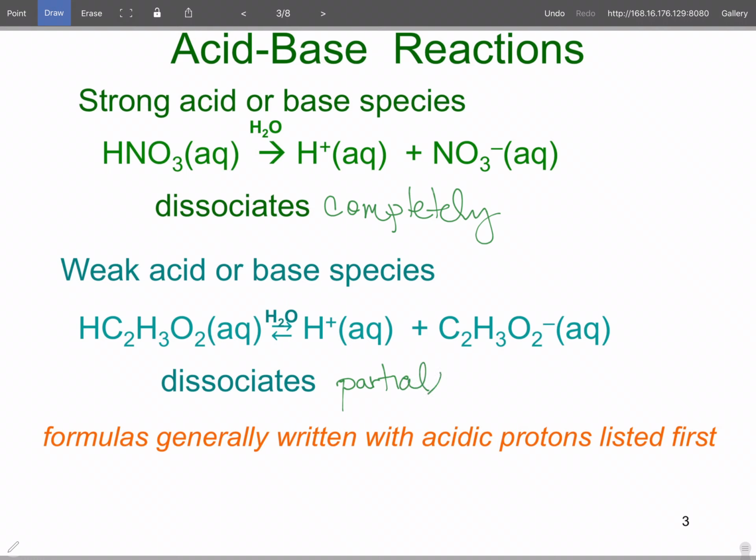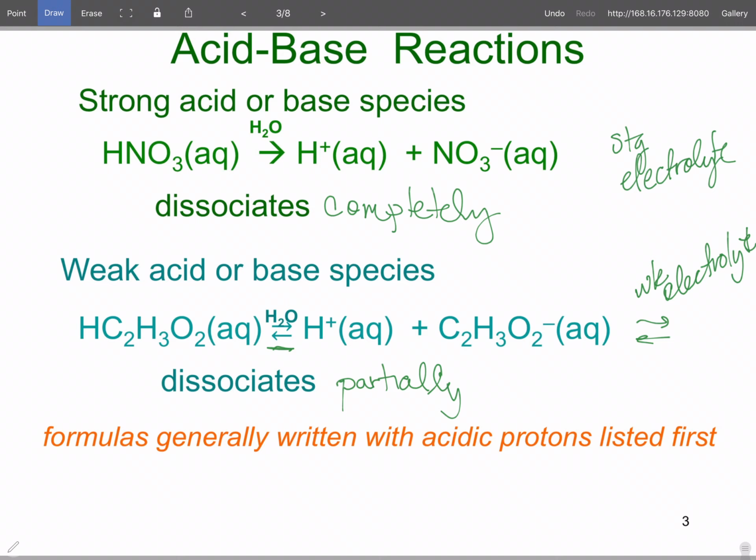And they are partially, okay, they are weak. And remember, I told you about the double arrow, the two-way arrow. The difference between a strong and a weak is this is a strong electrolyte, and the weak acids are a weak electrolyte because they don't dissociate a whole lot.